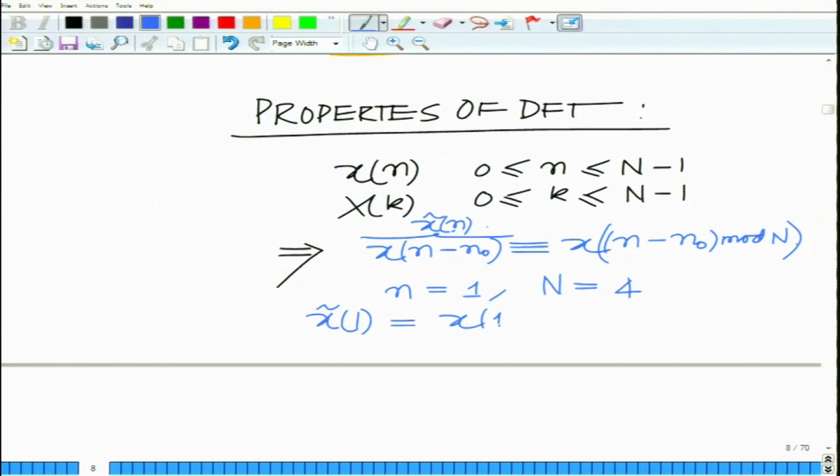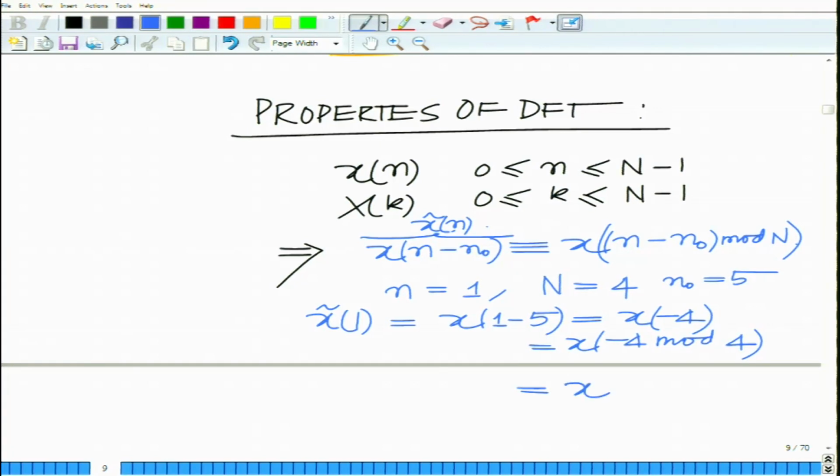Let n0 equal 5. Then x tilde of 1 is x of 1 − 5, which is x of −4, and x of −4 modulo 4 is x of 0. So, x tilde 1, that is the first sample of the shifted signal, is x of 0. Basically you are circularly shifting, and the shifting is modulo 4, where N equal to 4 is the total length of the sequence.